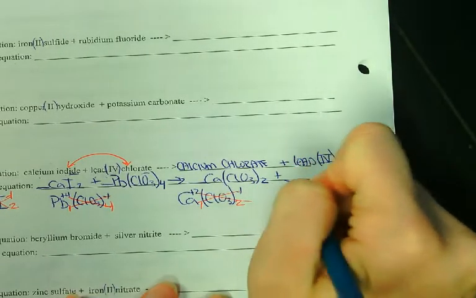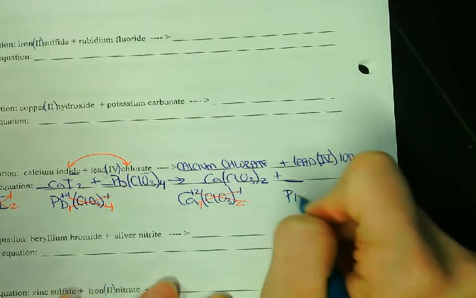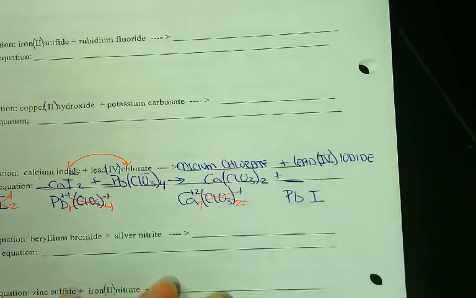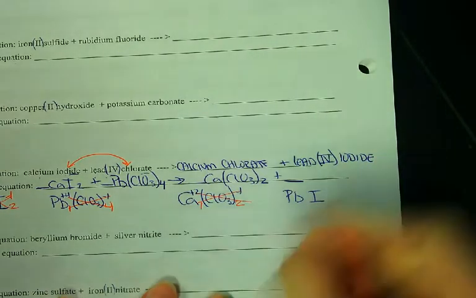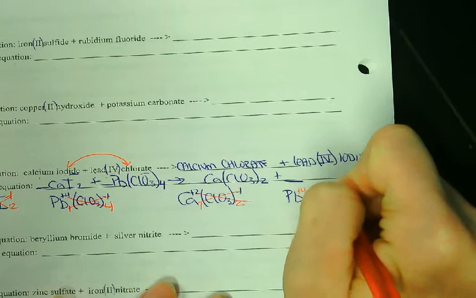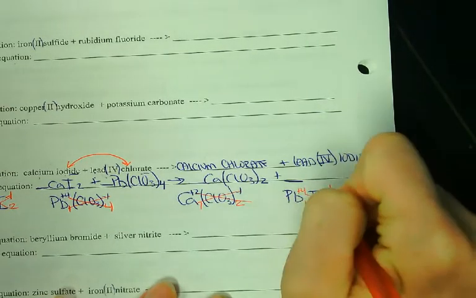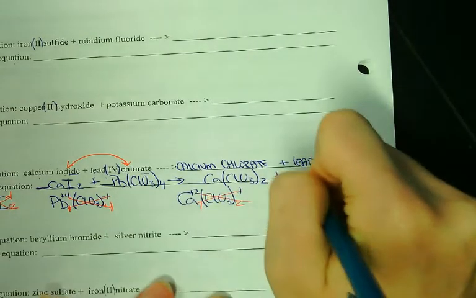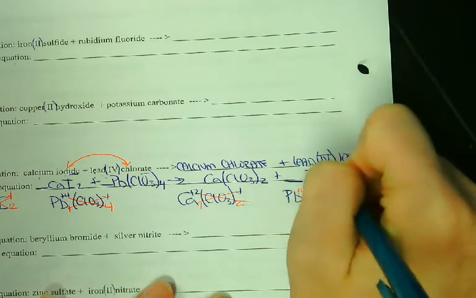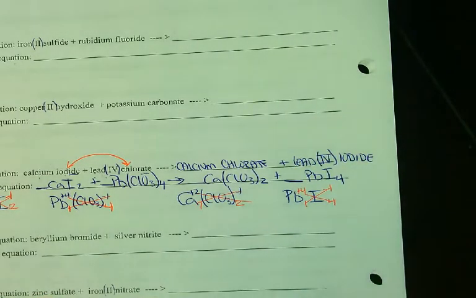Okay, so there's my formula. Blank, Pb, I, for lead iodide. Lead is making a +4, -1, crisscross. Pb, invisible 1, I, 4.